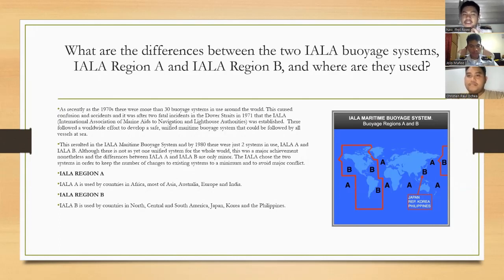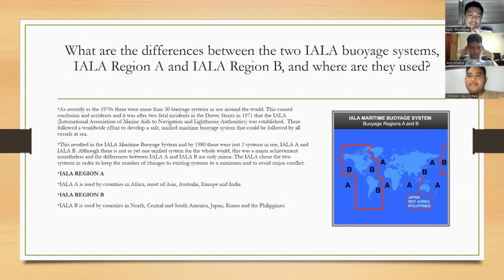There followed a worldwide effort to develop a safe and unified maritime voyage system that could be followed by all vessels at sea. This resulted in the IALA Maritime Voyage System, and by 1980 there were two in use, IALA A and IALA B. Although there is not yet one unified system for the whole world, this was a major achievement nonetheless.